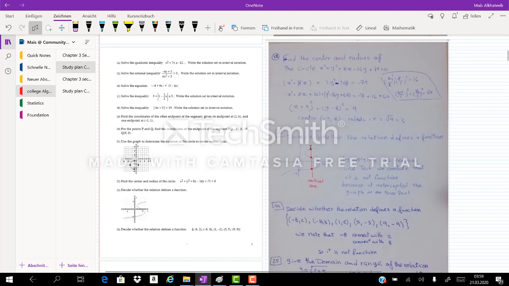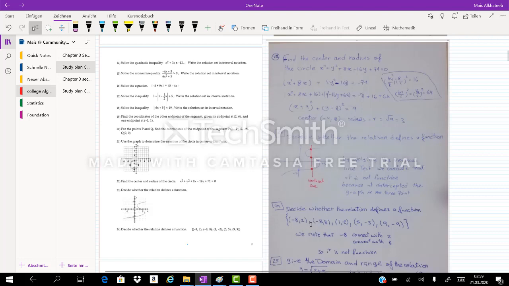But this vertical line, as we see, intersects the graph in 3 different points. That means it is not a function because it intersects the graph in 3 points. Decide whether the relation defines a function or not.